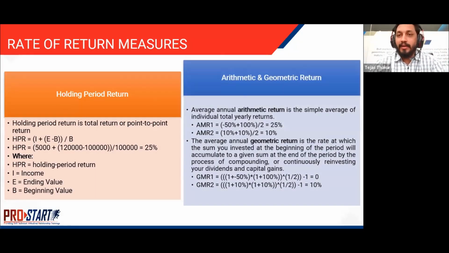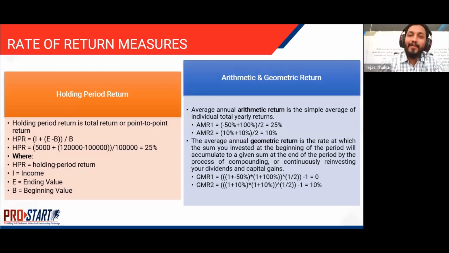The next is the arithmetic and geometric mean, a little ahead of holding period return. Now, what arithmetic mean does is it is a simple average of all the period returns, primarily the yearly returns. So let's say in the first year, the returns are minus 50%. Second year, the returns are 100%. Arithmetic mean will just take the sum of the two, which is 50% divided by 2, and will give you a 25% return.